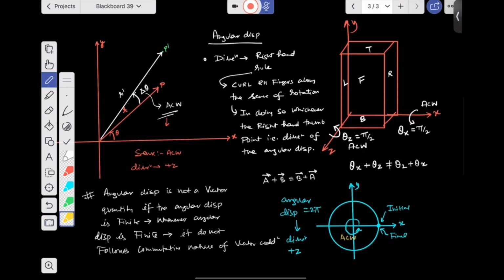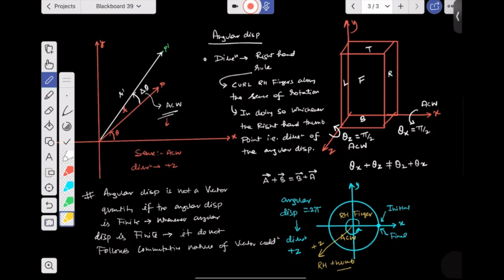So you curl your right hand fingers in that sense, and you will find the right hand thumb will be pointing in the plus z direction. The nice thing about it is that whether I observe this particle from the plus z axis side or from the minus z axis side, the right hand thumb will still come in the same direction.